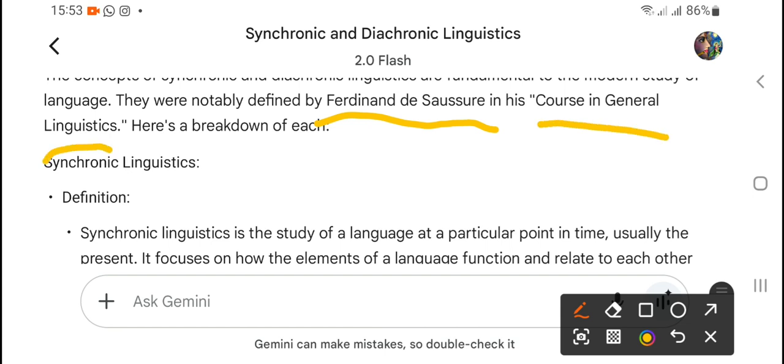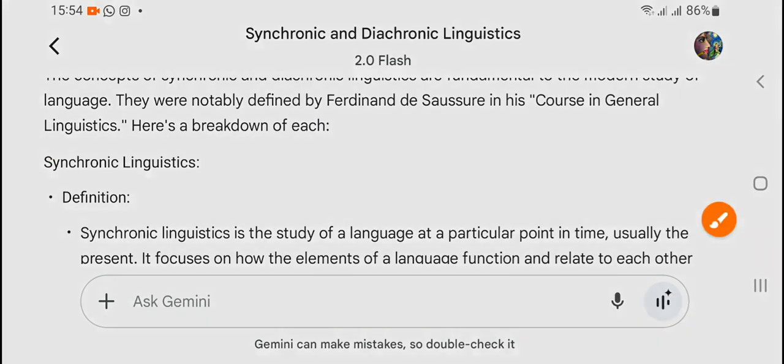So three things you have to remember: synchronic and diachronic are the two terms for the study of language, and this concept is given by Ferdinand de Saussure in his book Course in General Linguistics.